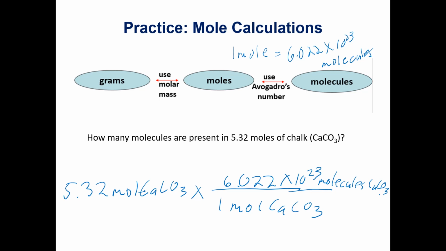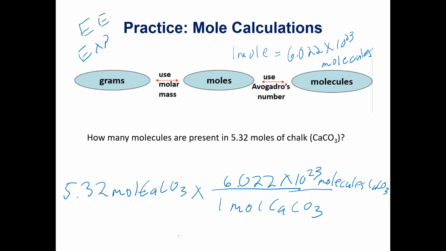Now when you type this into your calculator, do not type times 10. Find the E button on your calculator. It will usually be EE or EXP. And use that button.